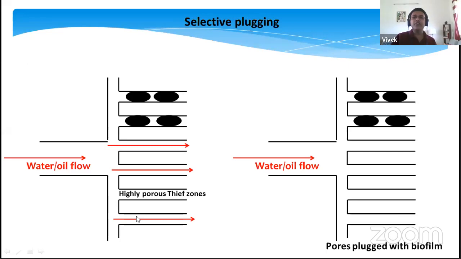Coming to selective plugging, which is one of the mechanisms by which the organisms play an important role, particularly biopolymer producing microorganisms. To explain the importance of selective plugging, you should know the network with which the oil depleted zones and oil containing zones are connected to each other.